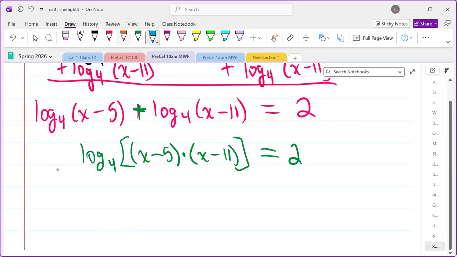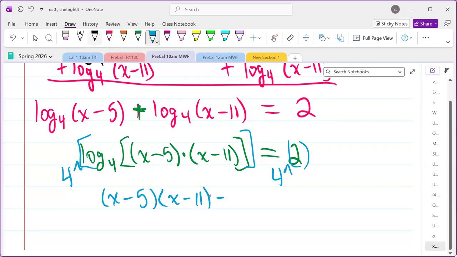Yeah, the other way around. So the 4 base. So 4 caret on both sides. Like that's the way I've been symbolically writing it. So my inside result, x minus 5 times x minus 11, now equals 4 to the 2nd power, which is 16. So I did a whole bunch of work to end up with a quadratic equation.